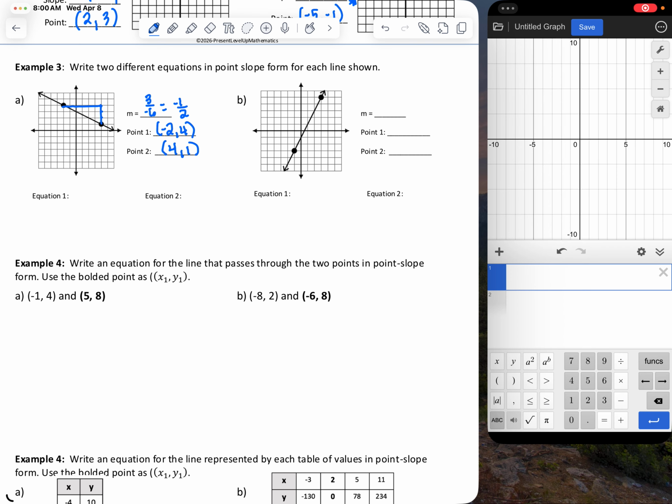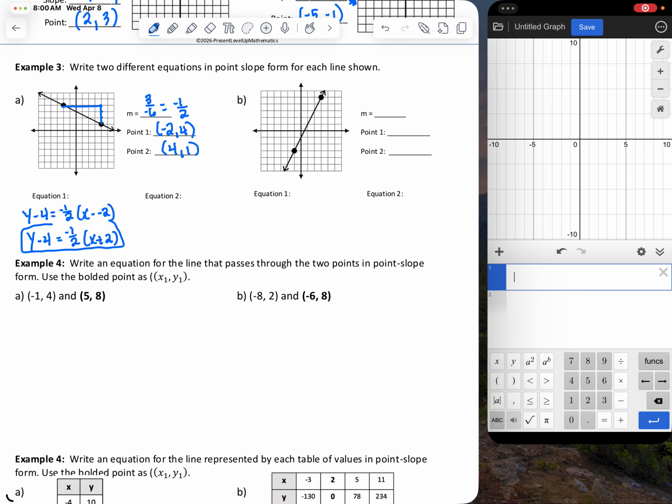All right. Now, we're going to first write an equation in point-slope form using point 1. So we'll say y minus 4 equals negative 1/2 times the quantity x minus negative 2, which would become y minus 4 equals negative 1/2 times the quantity x plus 2.